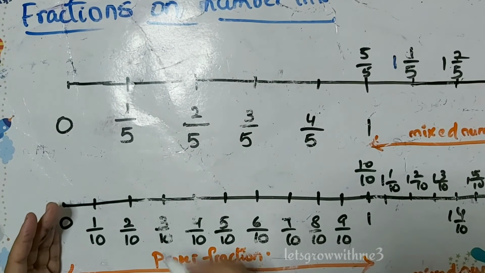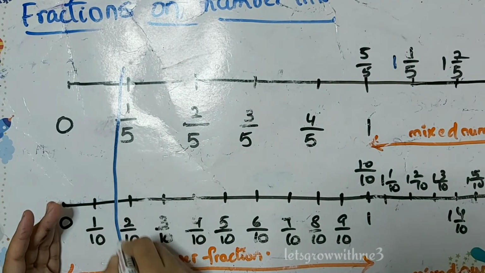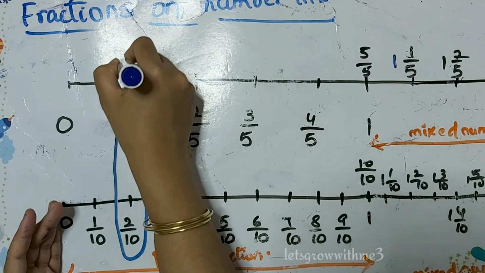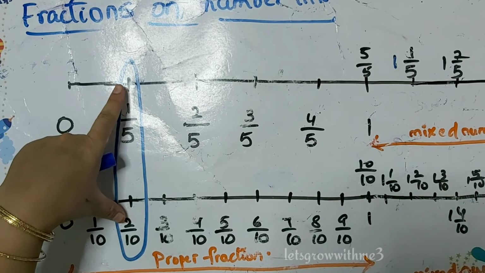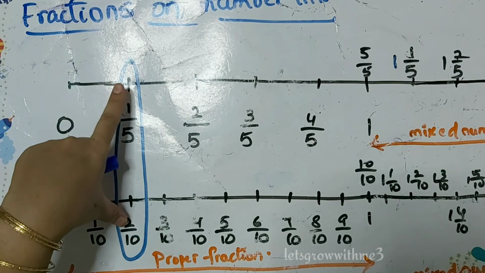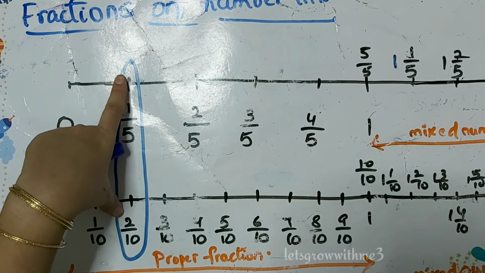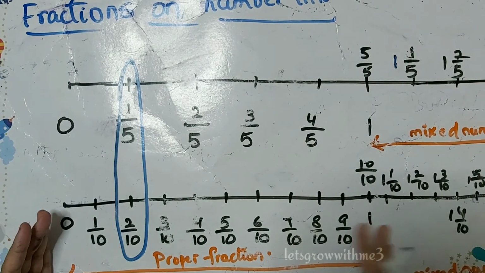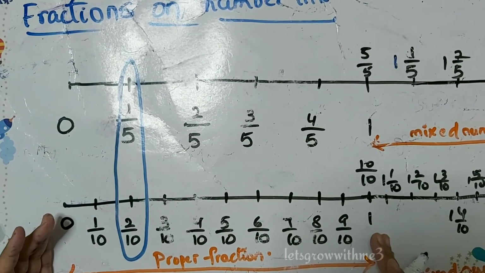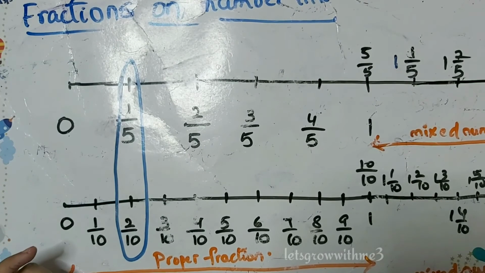And again the bottom line we have divided into 10 parts. So here we are representing equivalent fractions also. See, when we divided into 10 parts, the second value is 2 over 10. What do you mean by 2 over 10? Which is 1 over 5. So 2 over 10 in simplest form is 1 over 5.